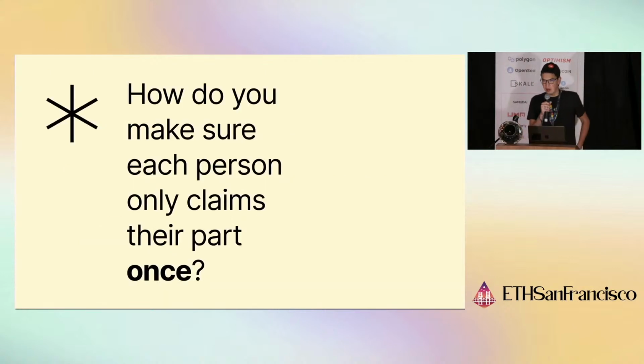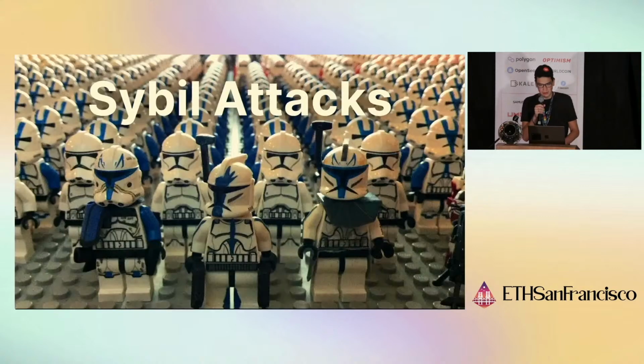Of course, the problem we immediately realized is how do you make sure each person only claims their part once? If someone is able to game the system or abuse it or any type of fraud, then the whole premise falls down.